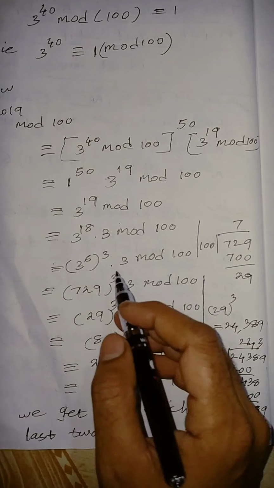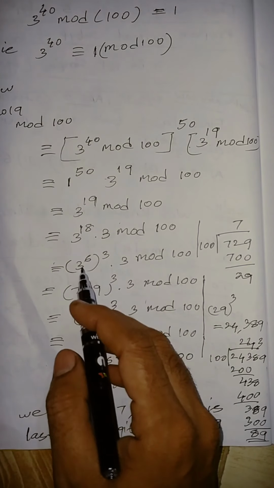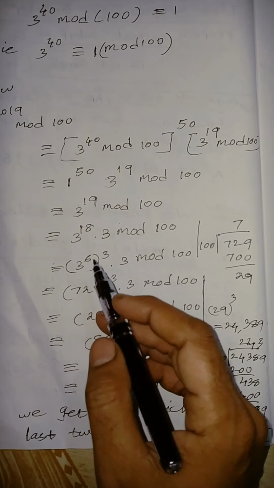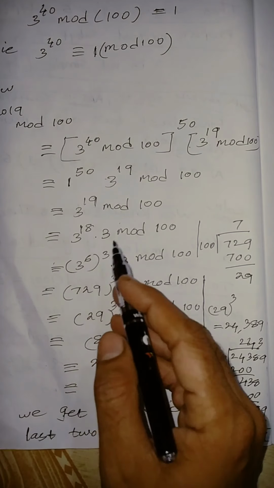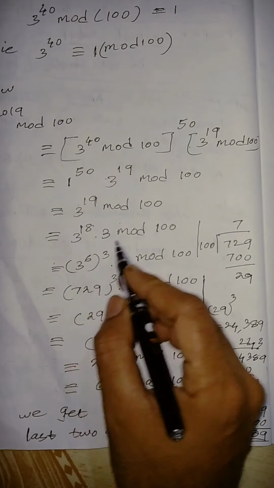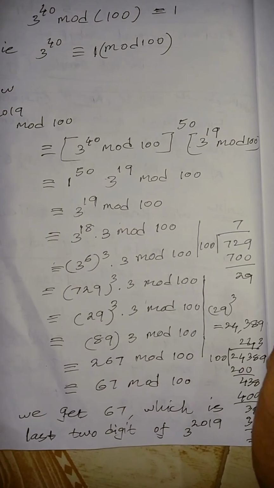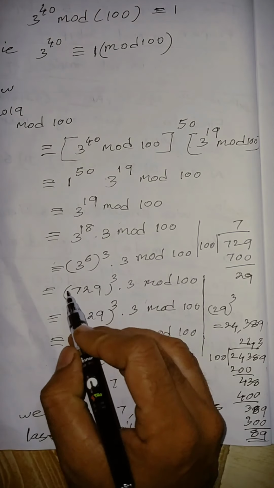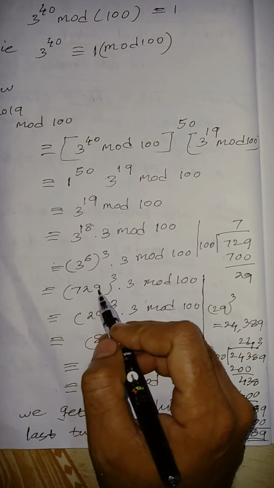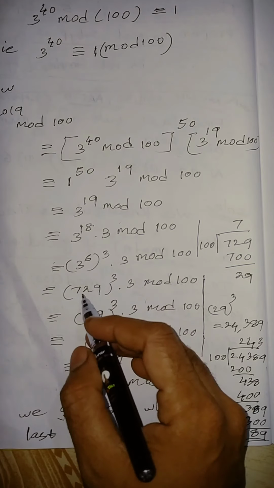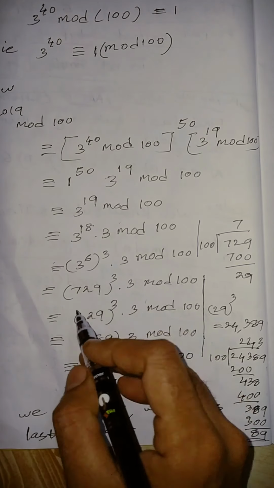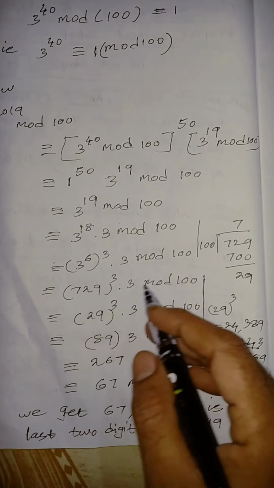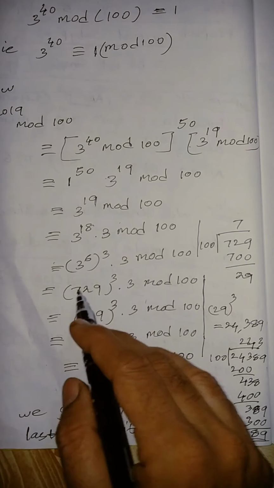Then we have to find 3 power 6. That is easy, no problem. 3 into 3 into 3 into 3 into 3 into 3. Easy to find out, we get the value 729 quickly. Now 729, we know very well, this is a divisor and this is a remainder.